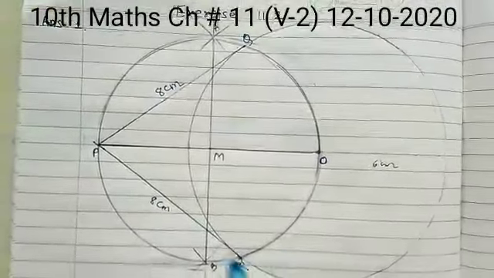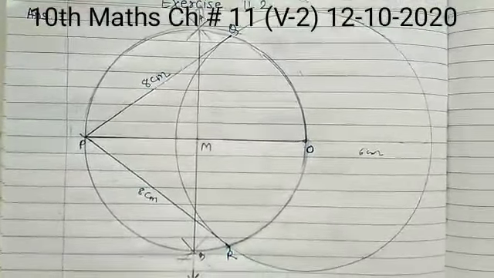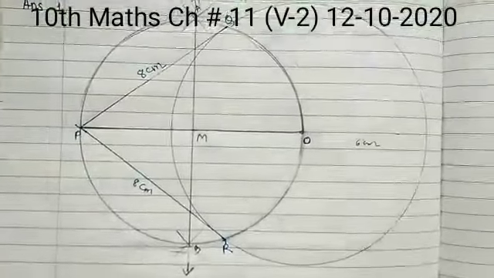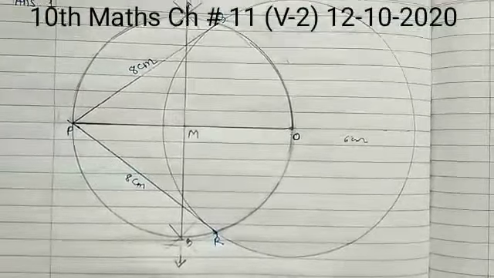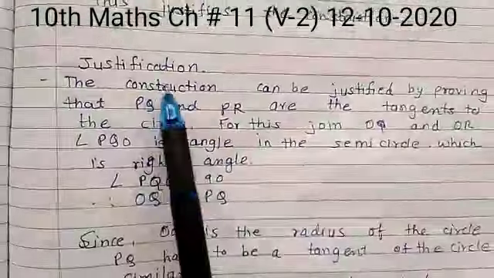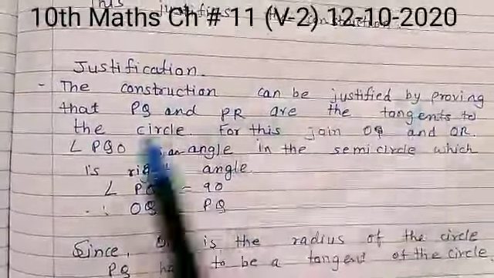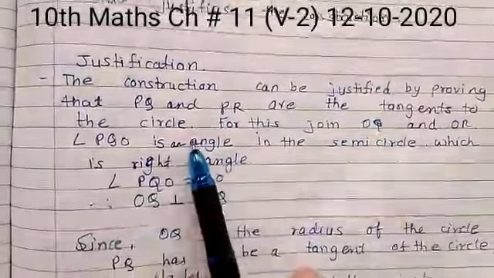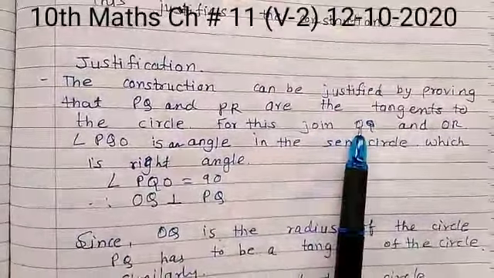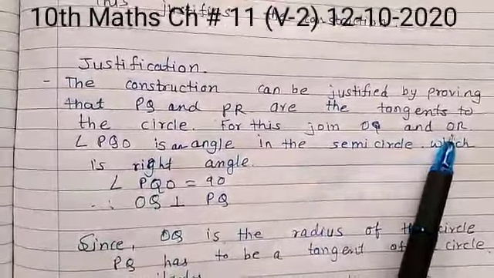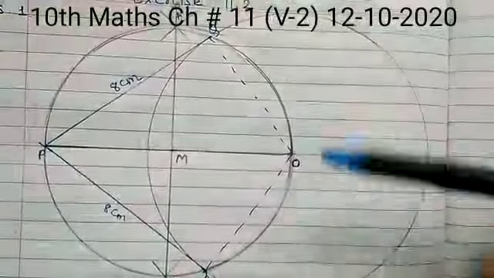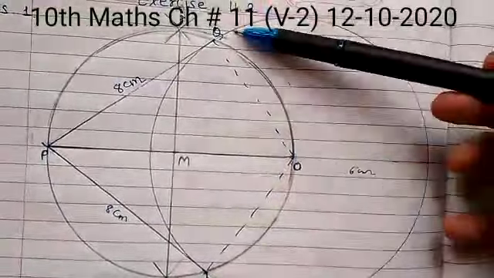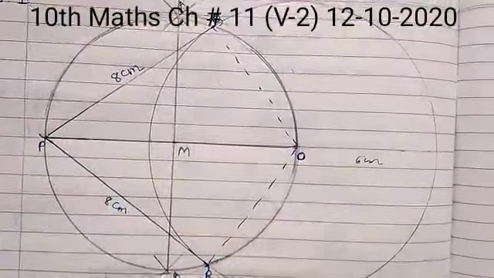Hope students you have understood the first construction of exercise 11.2. Now we have to justify this construction. This construction can be justified by proving that PQ and PR are tangents to the circle. For this we have to join OQ and OR.